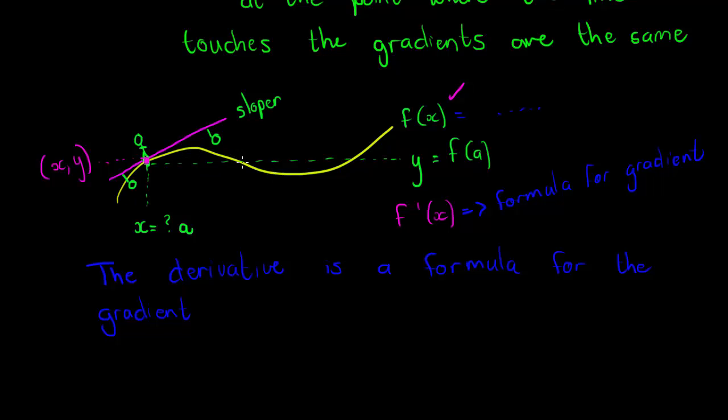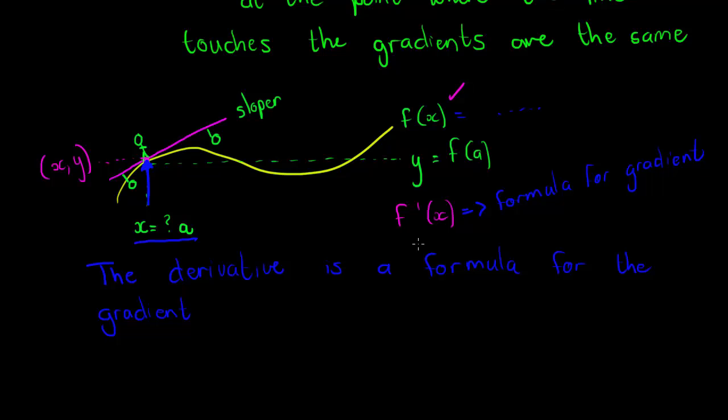Depending on where I am, I will have a different slope. So for different x values, I will have different gradients. But at this point here, how will I know what the slope is at that point?